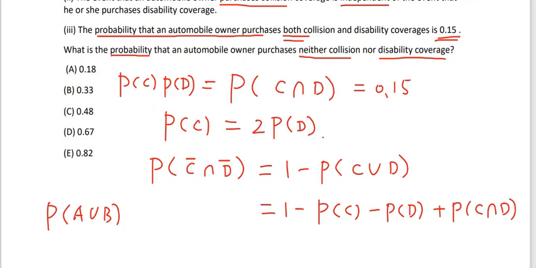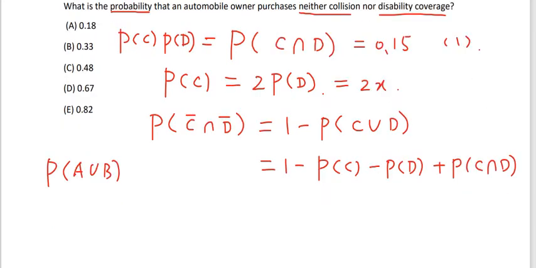So we just need to find PC and PD. Let's say PD is X. Then from the first relationship, PC is 2X, and 2X times X equals the given probability of buying both.